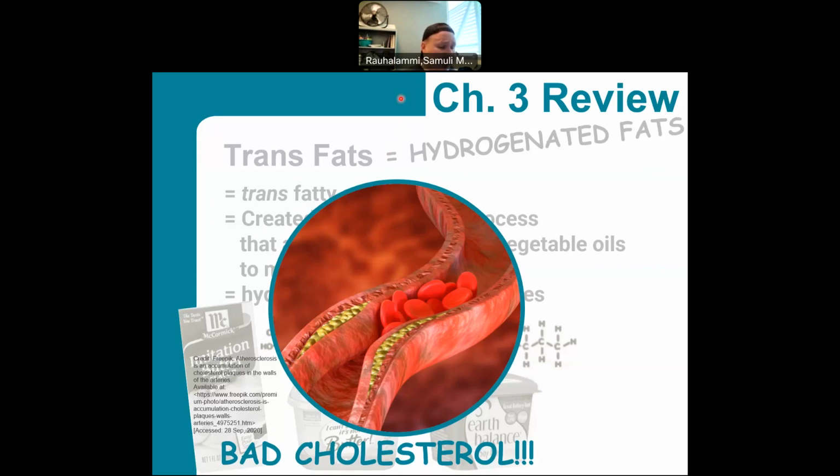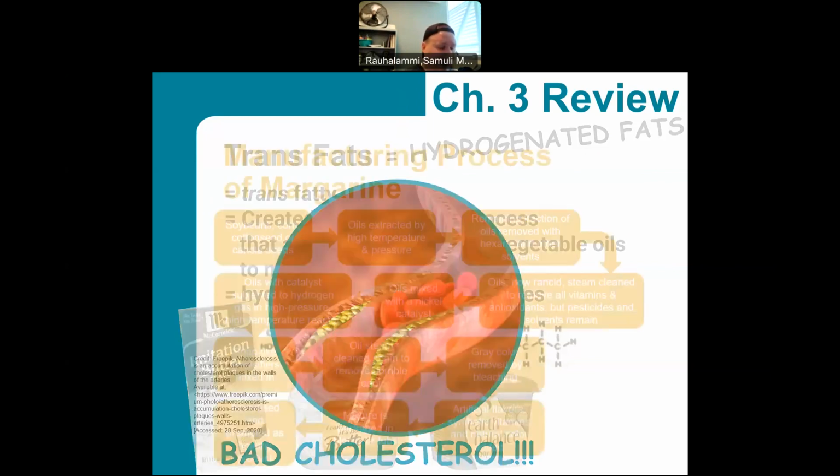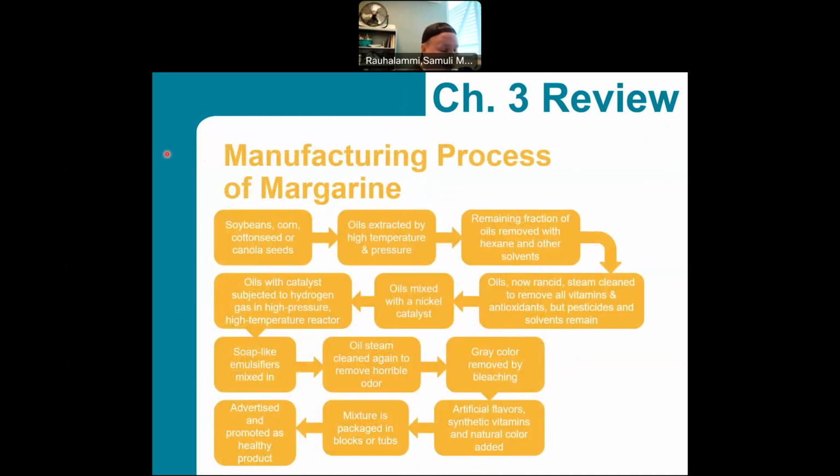When we think about these hydrogenated fats, like I mentioned, margarines are a good example. You can also look at the production process of margarines, which is an interesting topic on its own. Margarines need to be produced by man, and that process includes using heavy metals.